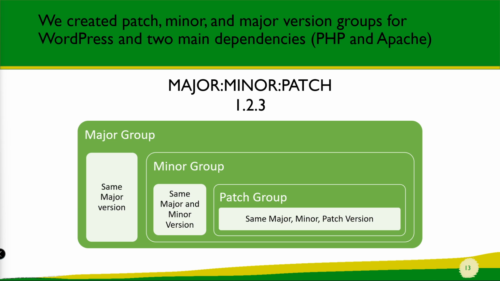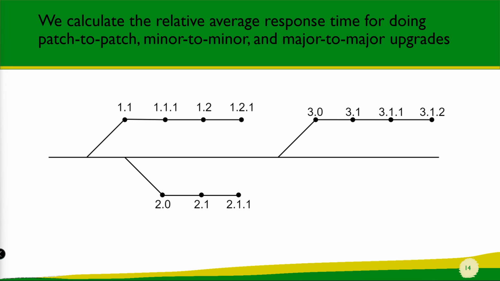And in the patch group, they have the same major, minor, and patch versions. We calculated the relative average response time for doing patch to patch, minor to minor, and major to major upgrades. This is an example for a major upgrade. This shows a minor upgrade, and this is a patch upgrade.